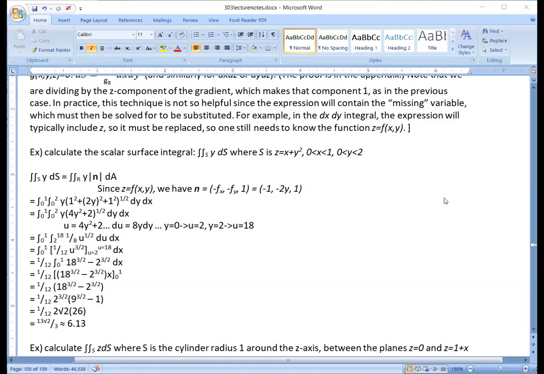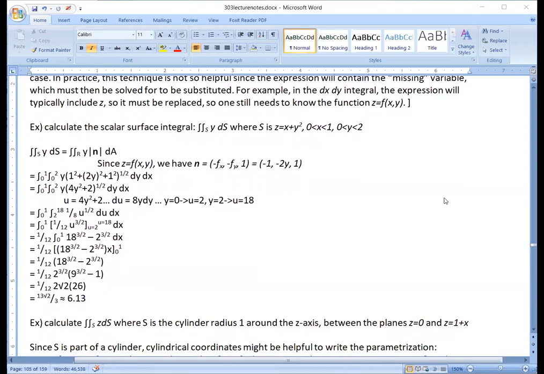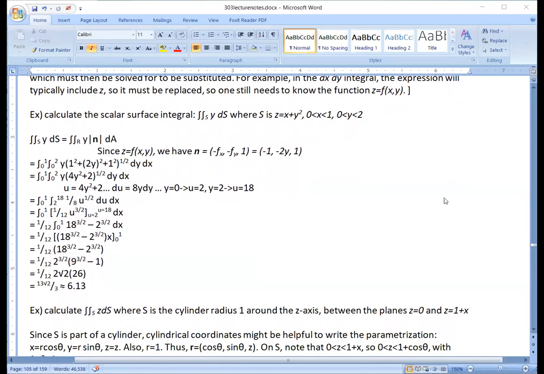So the first thing to notice is, how are we going to write the formula for the surface parametrically? Well, since it's a cylinder, that's a clue right away. You're going to want to use the cylindrical coordinate parametrization. So first of all, what's the standard cylindrical coordinate parametrization? x equals r cos theta, y equals r sine theta, and z equals z.